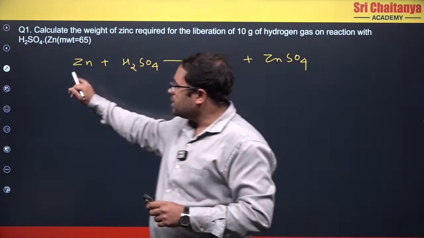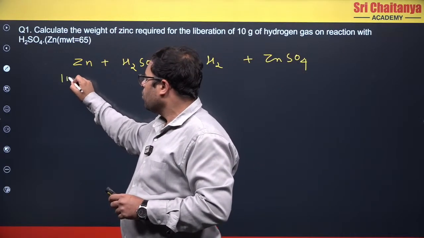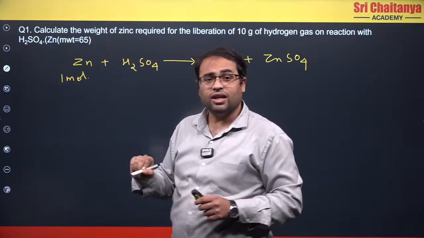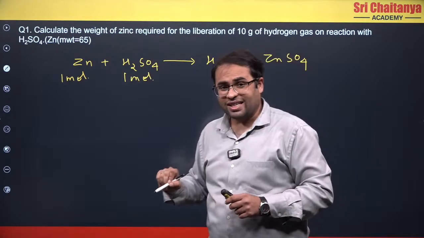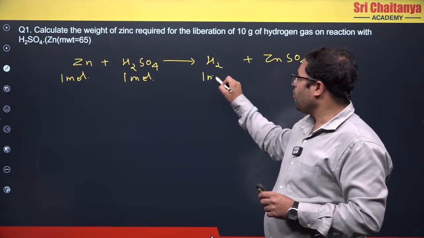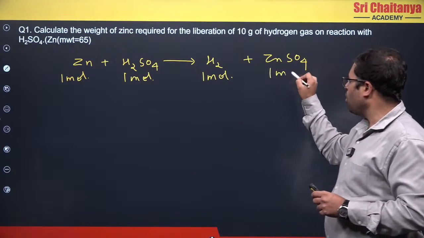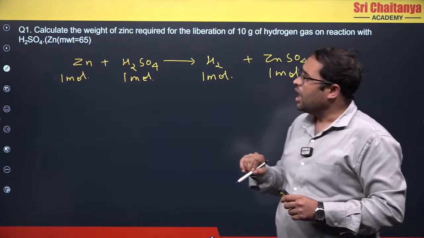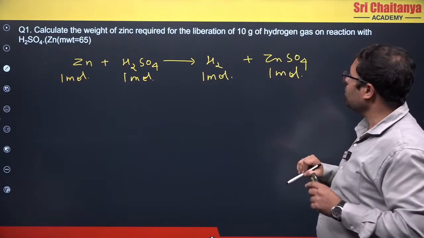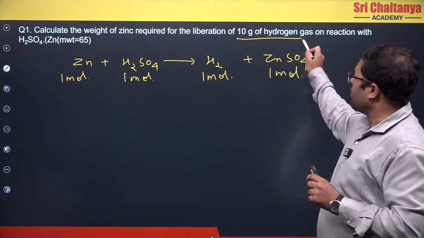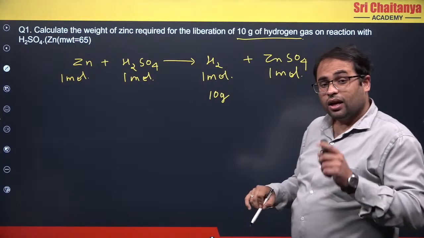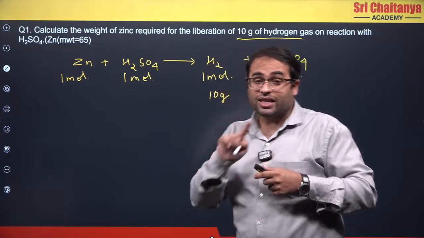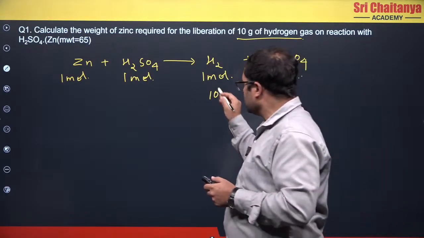So first, this equation tells you that 1 mole of zinc reacts with 1 mole of sulfuric acid to give you 1 mole of hydrogen gas and 1 mole of zinc sulfate, right? After this, see what is given to you in the question. 10 grams of hydrogen gas. At once calculate the moles of hydrogen at this point of time.